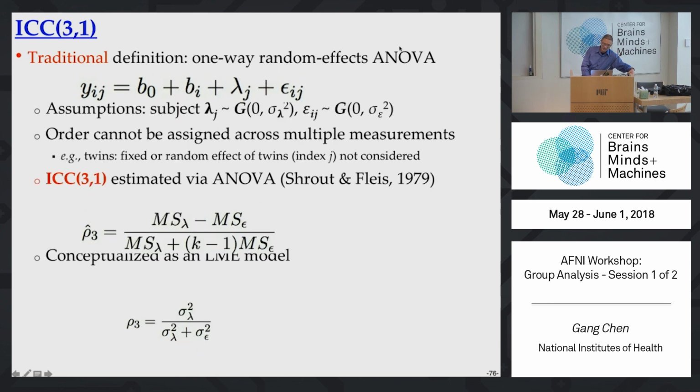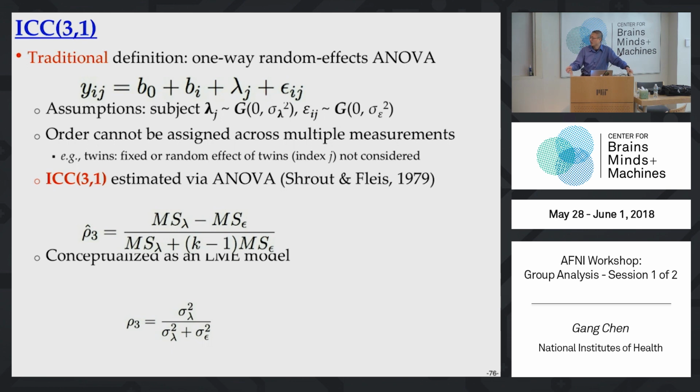So the third one is where we treat the session as a fixed effect. I misspoke too, and the I is actually the session. So the session effect is a fixed effect, but the subject, the lambda j, is random. In that case, we have a random effects ANOVA or linear mixed effects model.